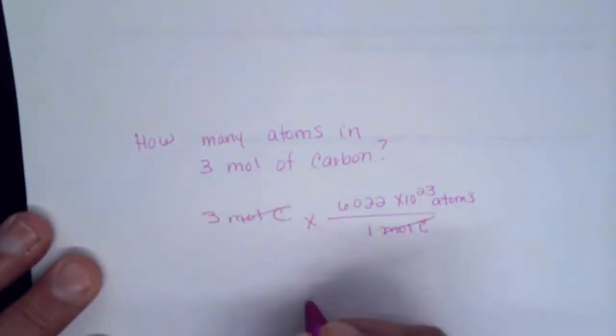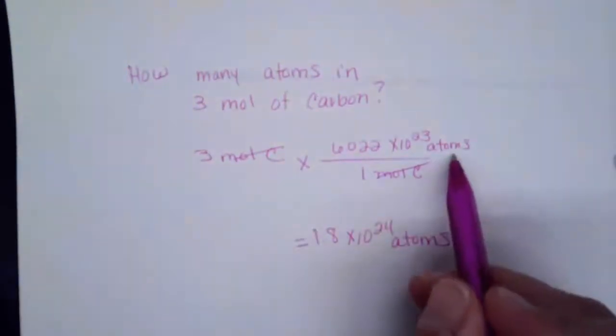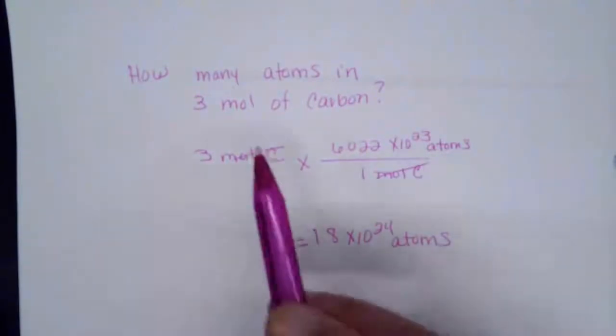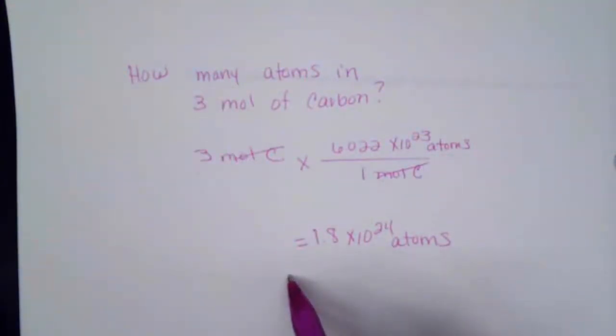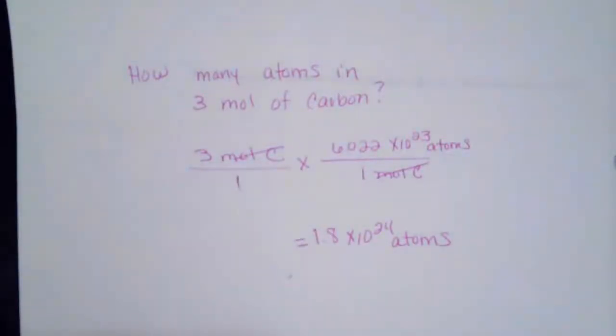Those cancel each other out, and you're going to end up with 1.8 times 10 to the 24th atoms. Atoms is the unit that's left over up here, so you know. So you're just multiplying. Sometimes it's easier to just put that 1 on there, but you can see how that works.